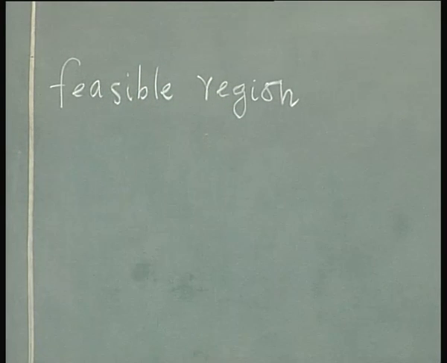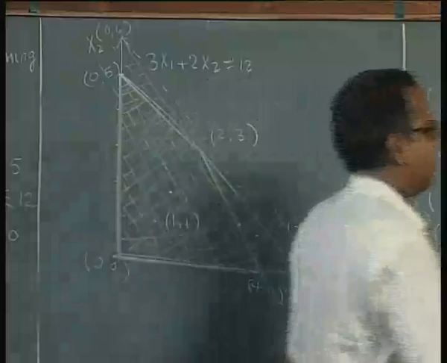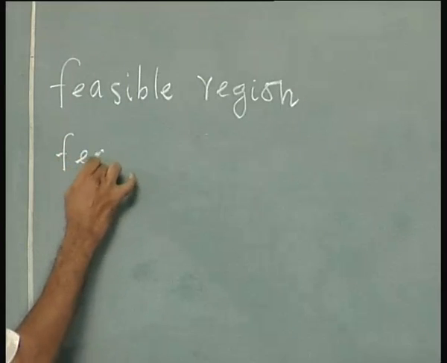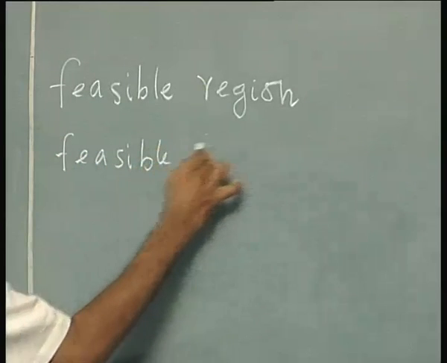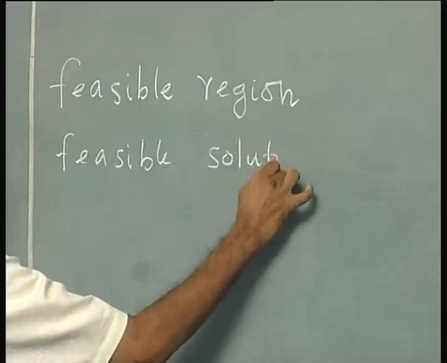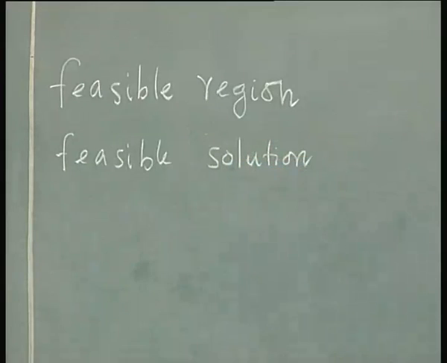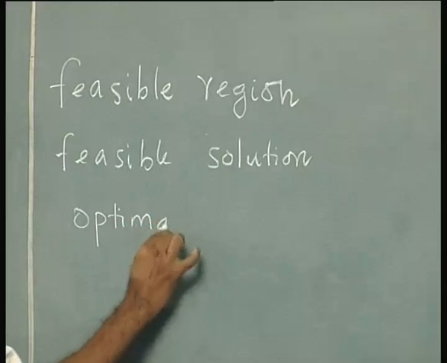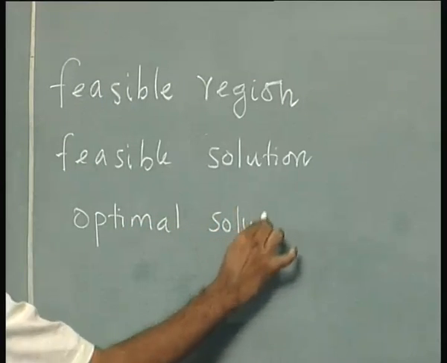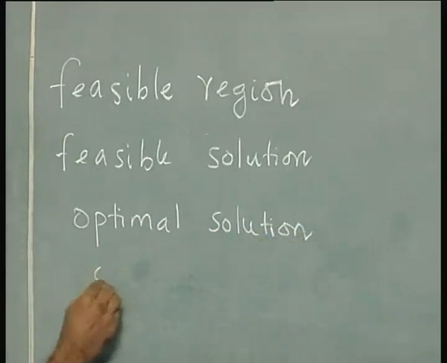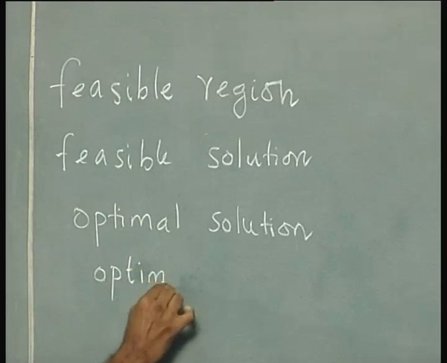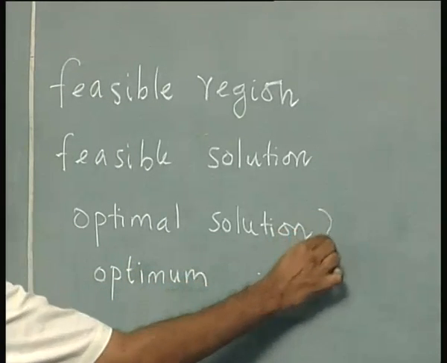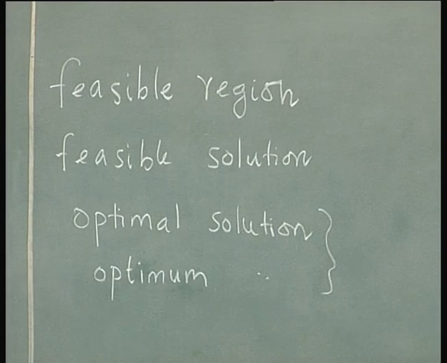Every point inside the feasible region is called a feasible solution. And the best solution that we have identified at the end is called the optimal solution, or optimum. In fact, both mean the same and both are used interchangeably.